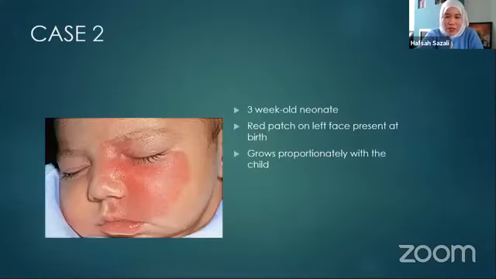Case 2 is a 3-week-old neonate with a red patch on the left side of the face, which was present at birth, and this has grown proportionately with the child. So let me know what your differential diagnoses are.